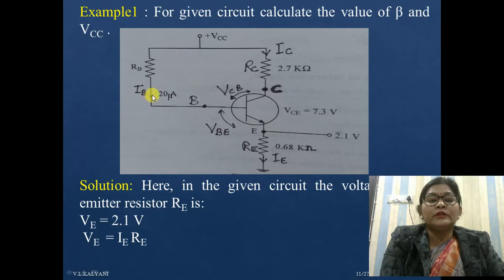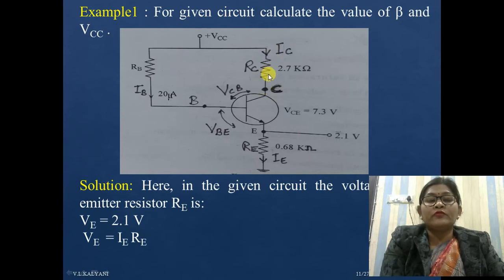Here the current flowing is the base current, denoted by IB, and this is 20 microampere. This is your collector resistance, and the value given here is 2.7 kilo ohm. The current flowing here is the collector current, because this is the collector terminal.